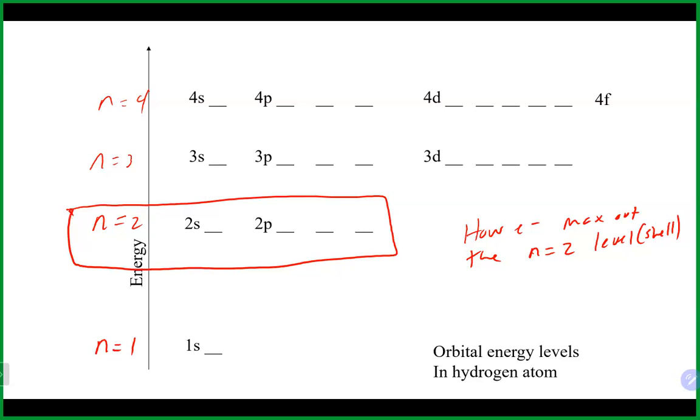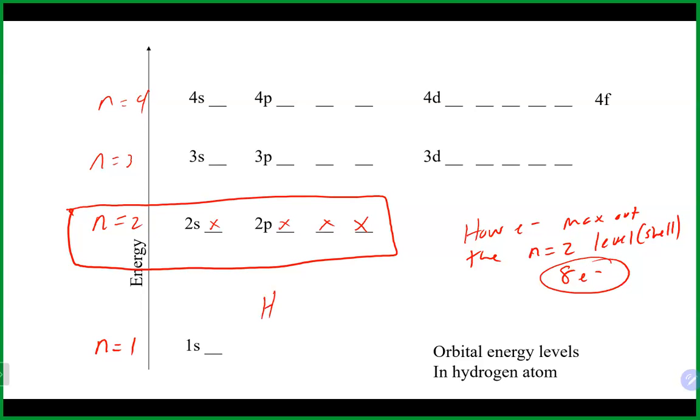So that would be all those guys there, which I think I heard the correct answer. This guy could hold 2, right? 4, 6, and 8 electrons if you max out the entire level. So sometimes, much like subshell or sublevel, people call it shell or level, and it's referring to a particular energy level and all the orbitals that are on there. So that would be 8 electrons if you maxed out.